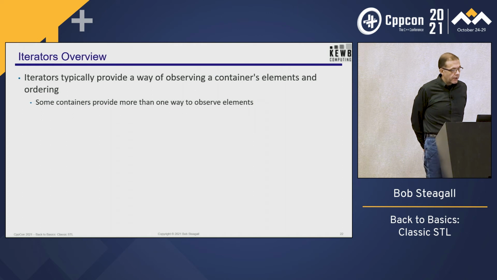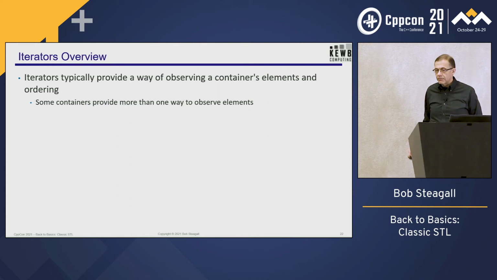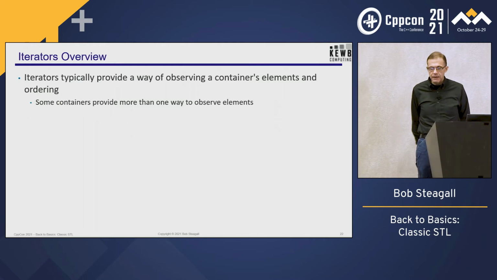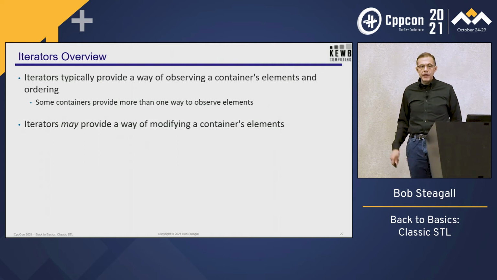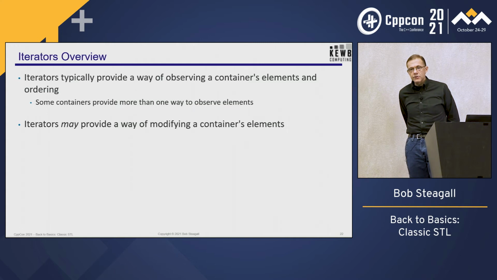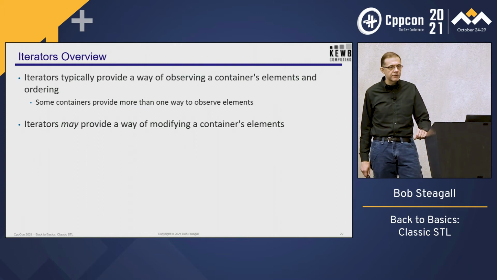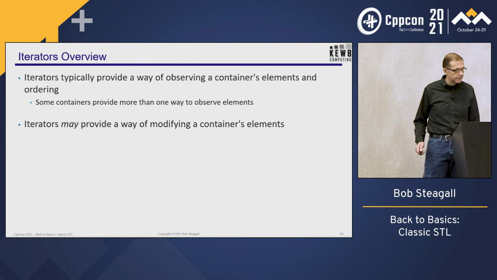So iterators provide a way of observing a container's elements and its ordering, and some containers provide more than one way to observe its elements, and we'll see that in a few slides. Iterators may provide a way of modifying a container's elements. Most iterators only provide const access or read-only access to elements, but there are some containers and some elements that allow you to modify the contents of elements.